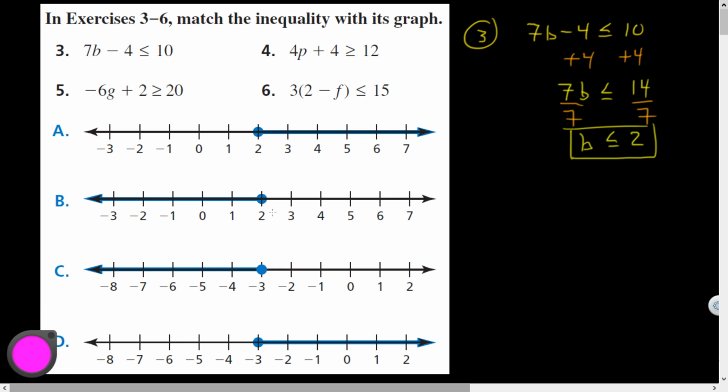Graphically, less than or equal. It's hard to tell. This dot looks shaded in, and this one doesn't. It's weird how on some of these, the grid lines are over the dot, and on others they aren't.